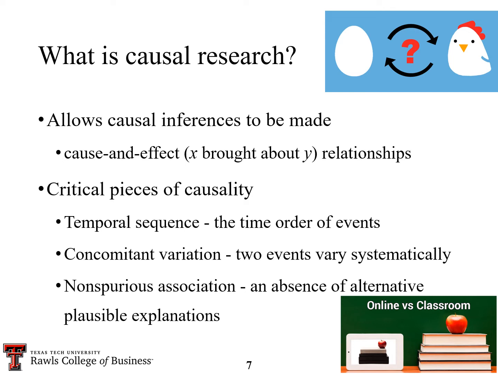And finally, non-spurious association. So we would like to have non-spurious association because we want to say that there is no confounding factor. And the confounding factor is something else that is causing our results to be affected this way. And there's a great video that talks about this.